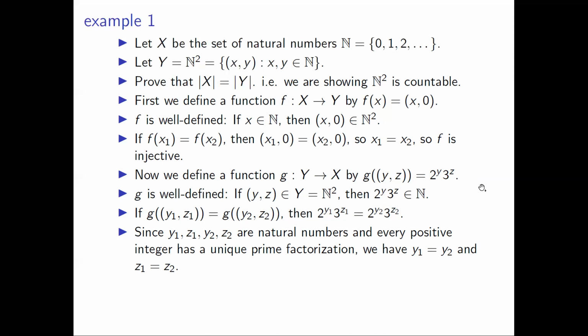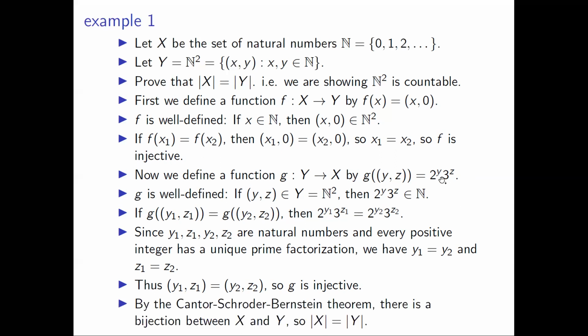We'll actually talk about this fact more later, but for now, we'll just assume it's true until we talk more about divisors. There's this fact that every positive integer has a unique prime factorization. By that fact, and the fact that y1, z1, y2, z2 are natural numbers, we can see that y1 equals y2 and z1 equals z2. And that means that the ordered pairs (y1, z1) and (y2, z2) are the same. They're equal. So this means that g is injective.